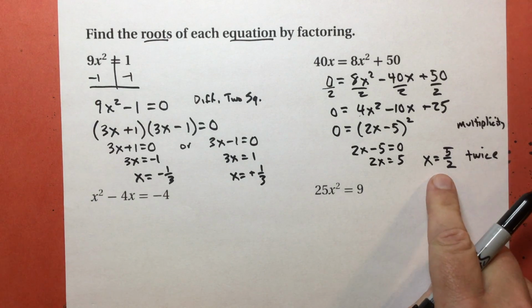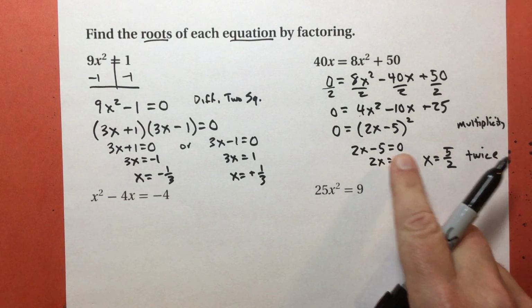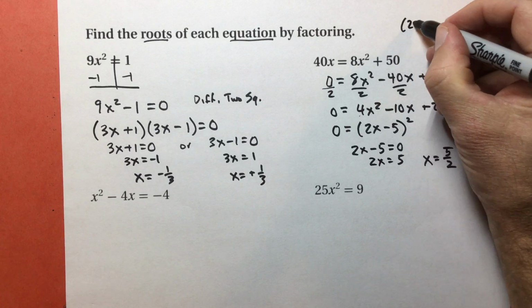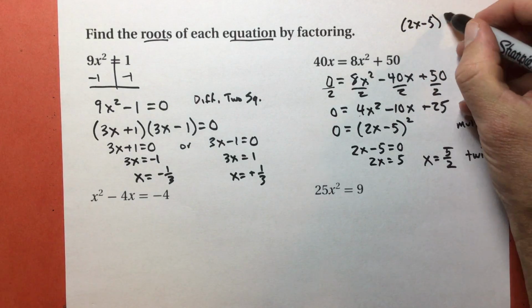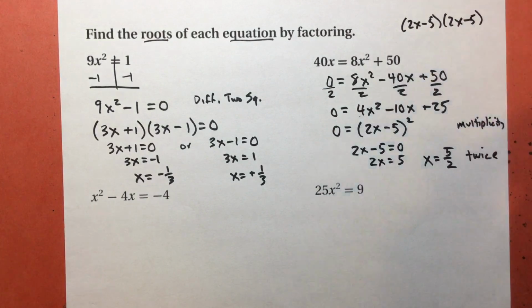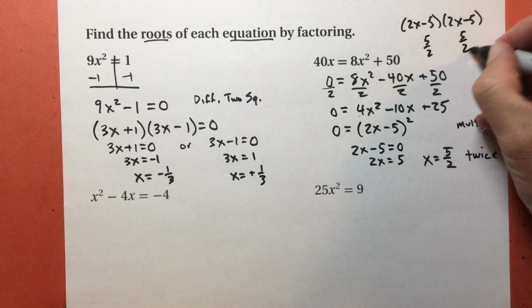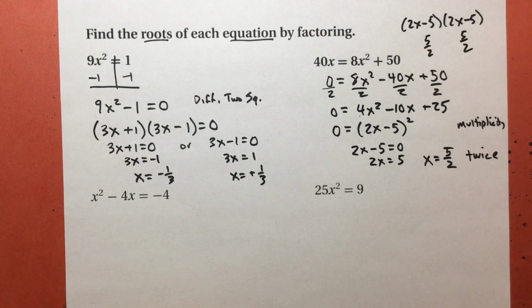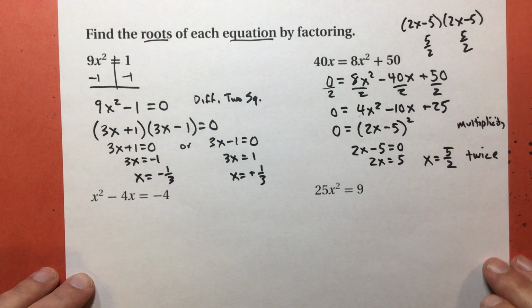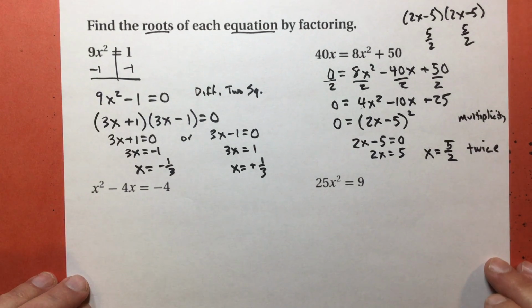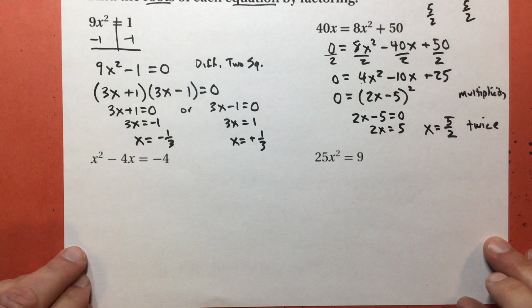This is the first time I only got 1. But the reason why is because this was actually 2x minus 5 times 2x minus 5. So what I got was 5 over 2 for both of them. And that's called the multiplicity. That idea will be coming up a lot, and when it does, I will bring it up to you. And we're going to tie it all together as we go.